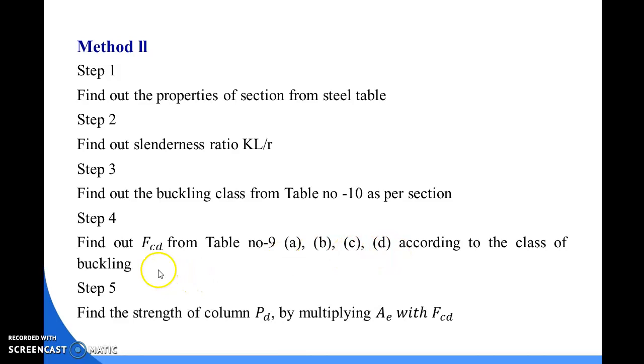After that, we know that the compressive strength, that is Pd, equals fcd into Ae. So we can directly put the value of fcd from table number 9, and the cross-sectional area, which is Ae, we can find out as per the section from the steel table.